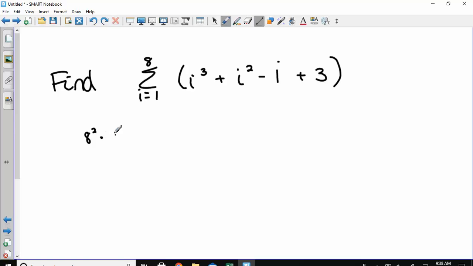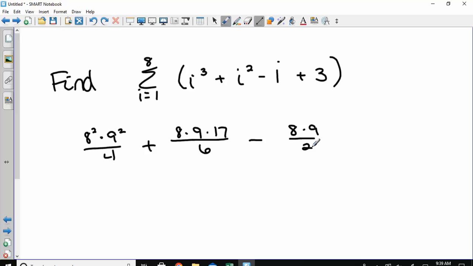So my n is 8, so it'd be 8 squared, n plus 1 would be 9 squared over 4. i squared, remember, is n times n plus 1 times 2n plus 1 over 6, minus i is n times n plus 1 over 2.